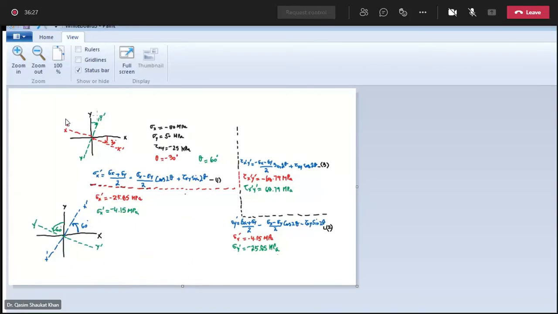You have seen, you got this as minus 4.15 megapascals, and this one as well you got as minus 4.15 megapascals. So it means that the magnitude of the normal stress depends on the orientation of the plane. The designation of the stress may change, but the magnitude of the normal stress remains the same. Is this point clear? If you have any confusion, you can ask me now.